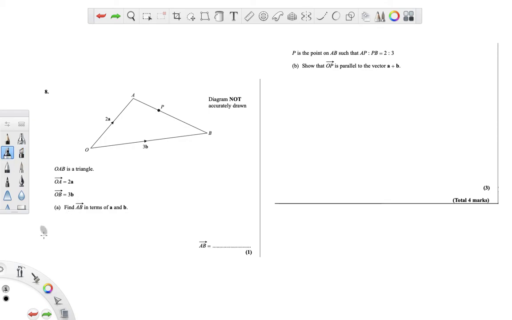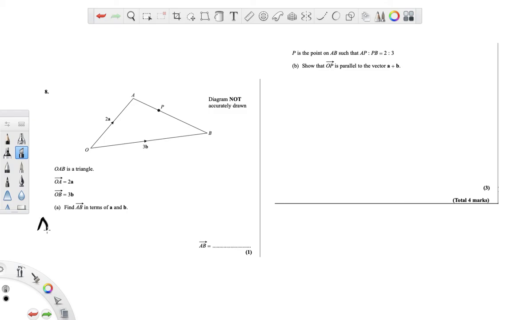Okay, so we'll go back to what we've just built up, what we've done before. So we want A to B. There is no path that defines A to B. We've got no vectors that represent that. So instead we'll have to take an alternate route. So we go A to O, because we've got a vector for that, and then O to B, again, because we've got a vector that represents that. So I'll just write that down.